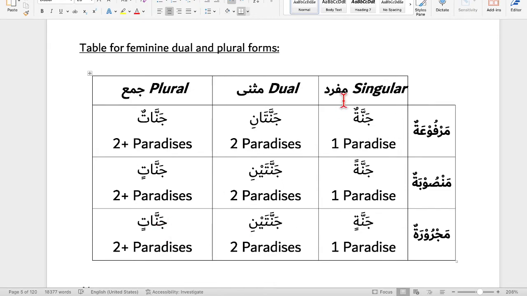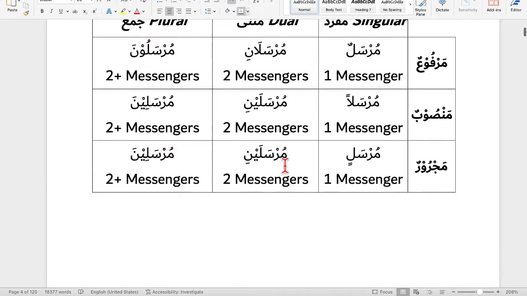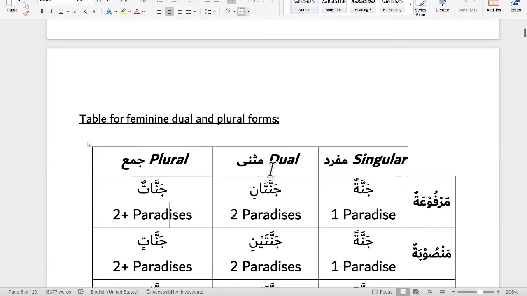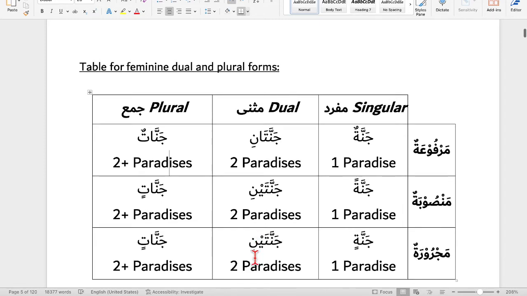This is how we are going to read the table: jannatun, jannatan, jannatin; jannatani, jannataini, jannataini; jannatun, jannatin, jannatin. You would have noticed that the dual form is the same as the masculine form: ani, aini, aini, but the plural changes.